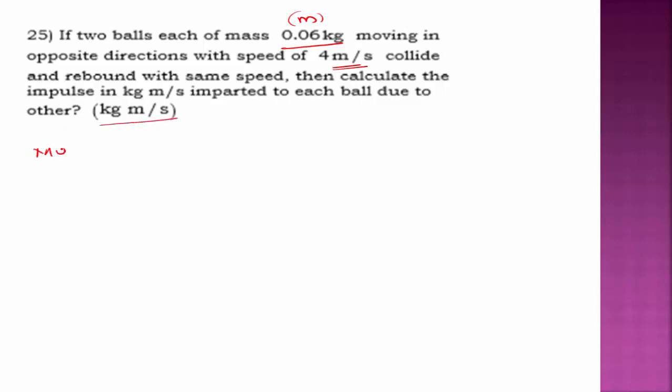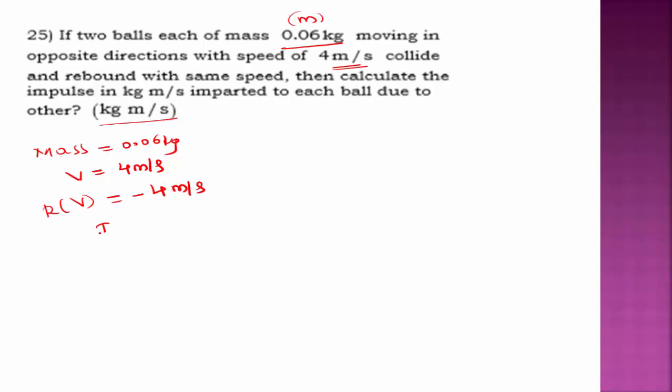The mass is equal to 0.06 kg and velocity v is equal to 4 meter per second, and the rebound velocity is minus 4 meter per second. Rebound with the same speed means minus 4 meter per second.